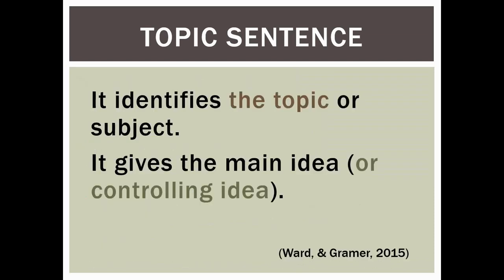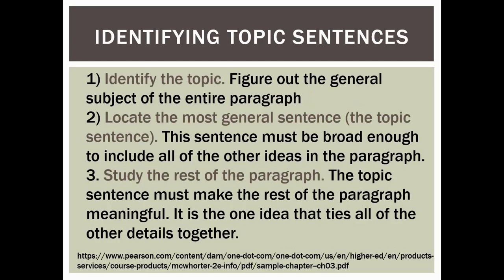Now, the topic sentence has some characteristics. First, it identifies the topic or the subject. And then it gives the main idea or controlling idea. There are certain strategies we have to identify the topic sentence or topic sentences in general.